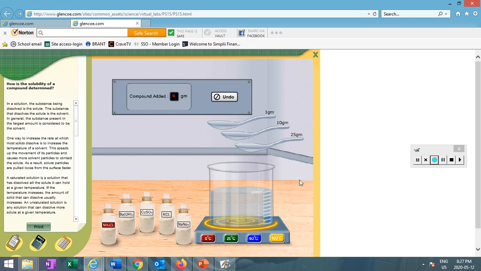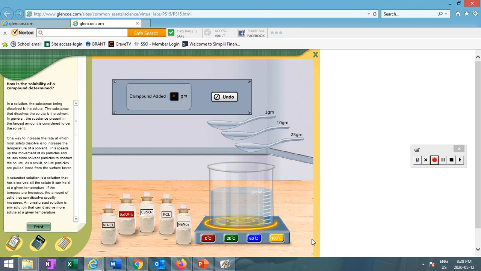And now up to 100. Too much. Okay, so 78 grams.